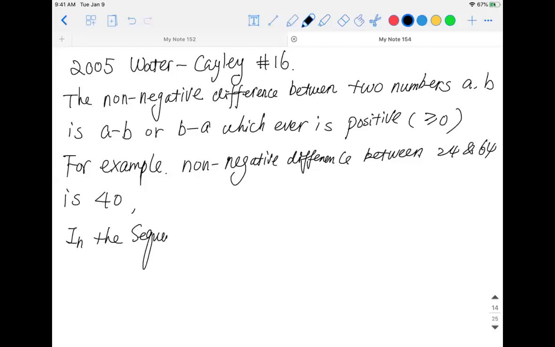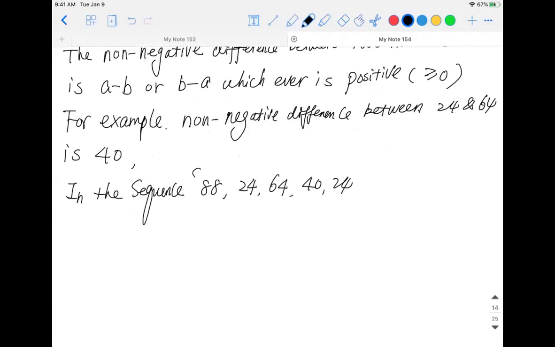Okay. In a sequence, now I have a sequence. So how can I get a sequence?